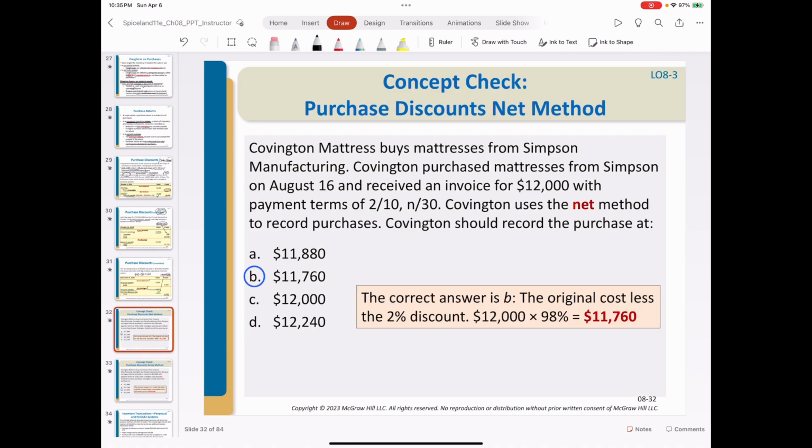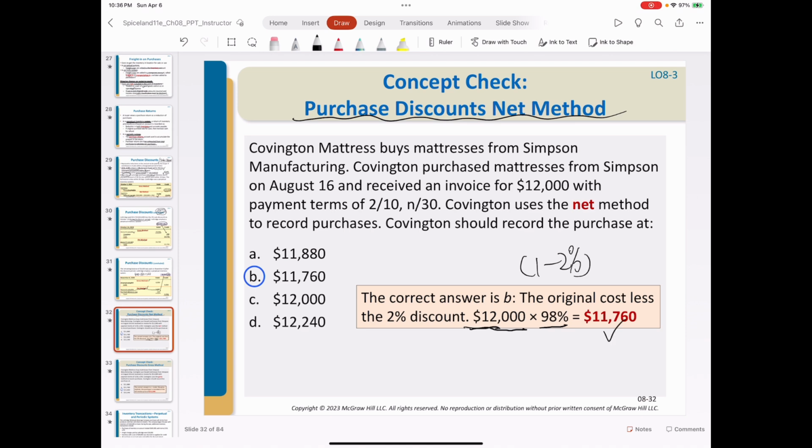Okay, so here is the purchase discount net method. Since it is the net method, we assume the buyer will take the discount. The discount is 2% off. Or you can use the total amount purchased multiplied by 98%, which is 1 minus the discount.